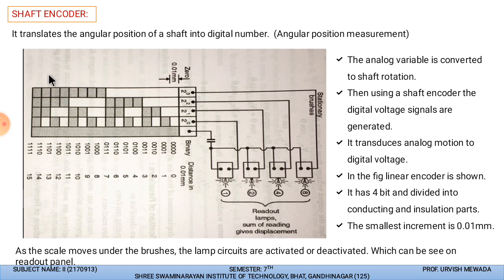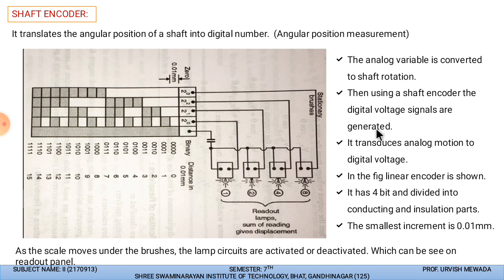The analog variable is converted to shaft rotation with the help of the shaft encoder, and then digital voltage signals are generated. Basically we get this in terms of 0101, which is why it is called digital voltage. Generally, it transduces analog motion into digital motion or digital voltage.